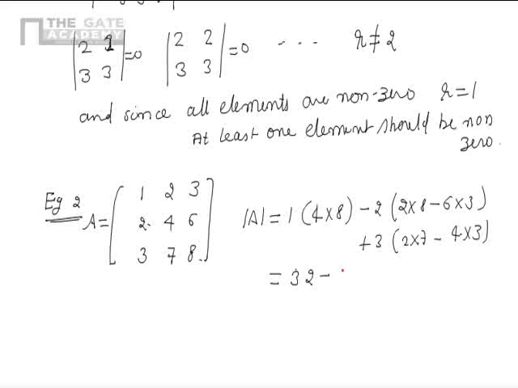32 minus 2 times of 16 minus 18, that is minus 2, plus 3 times of 14 minus 12, that is plus 2. So this will be 32 plus 4 plus 6, so I can say that is not equal to 0.